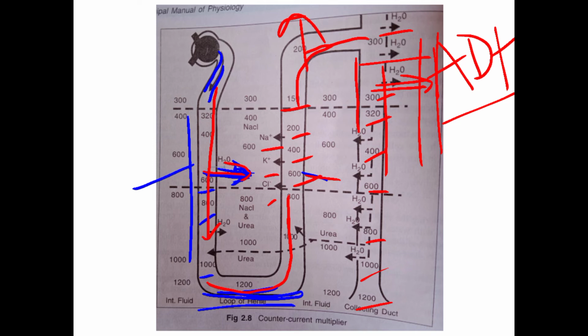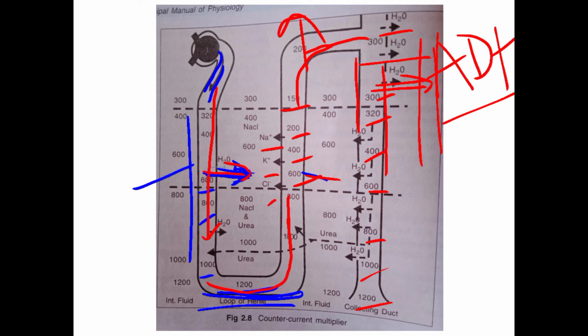The counter current multiplier is mainly to create the hyperosmolarity in the tubule. How? When the filtrate is passing through the descending loop of Henle, the water gets reabsorbed, so the concentration of osmotically active substances increases, causing hyperosmolarity of the filtrate.